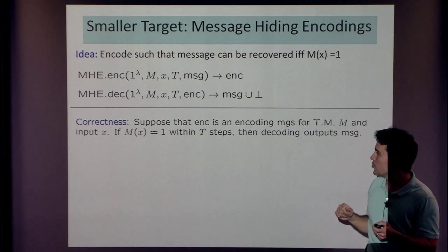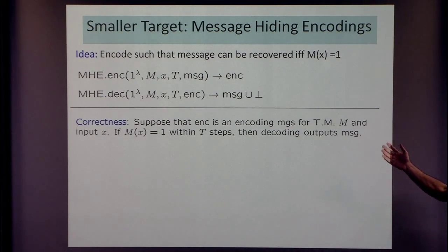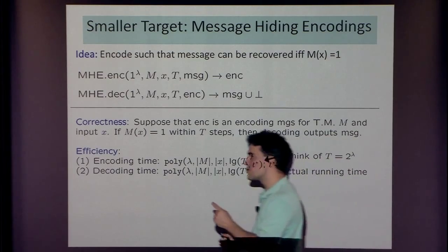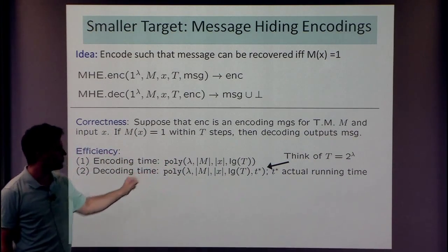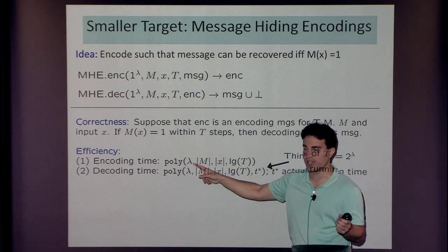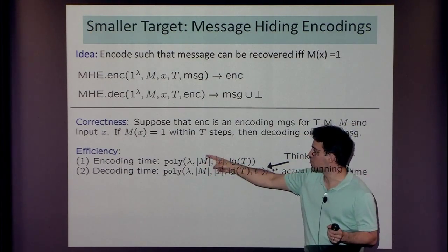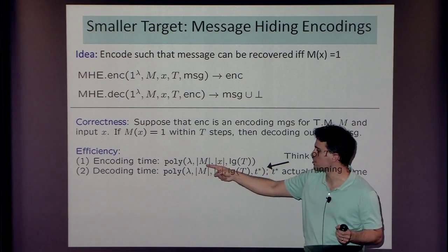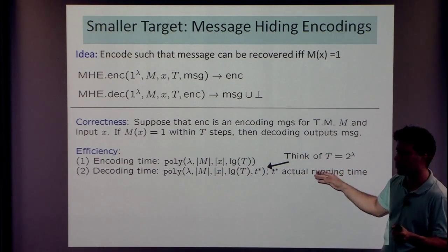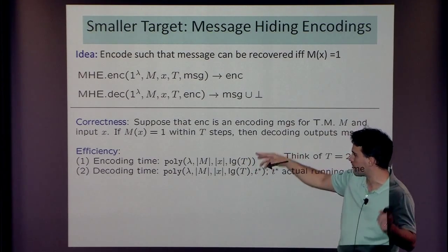Okay? And the properties that we want are, first of all, correctness: if M of X evaluates to 1, you should be able to get the message. And the second one is an efficiency property, mainly saying that the encoding time should be polynomial in lambda and the description of the message, and essentially independent of the running time, or maybe polynomial in log of the maximum running time.